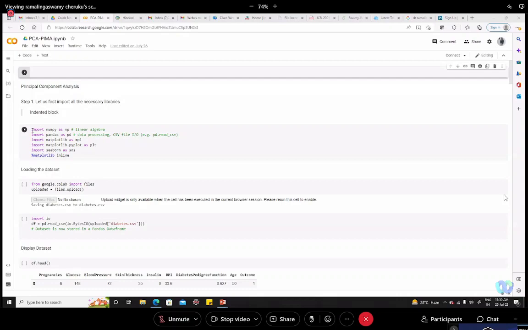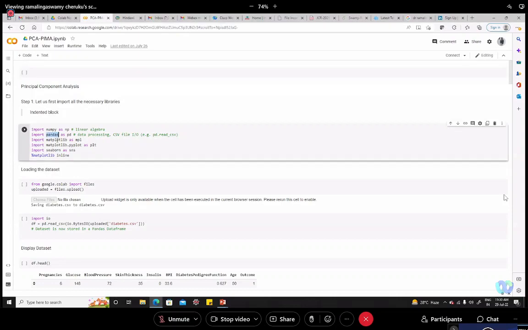For data processing, if I want to read data from a CSV file, I require the Pandas library. For plotting and visualization, I'm using the Matplotlib library. With that, I'm importing all the library functions required for my PCA analysis.